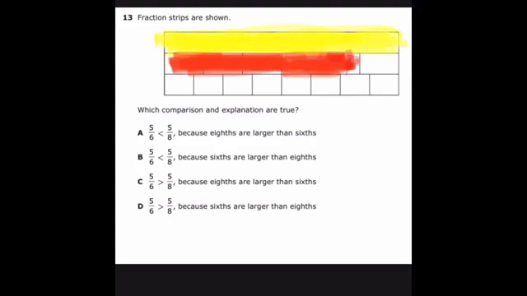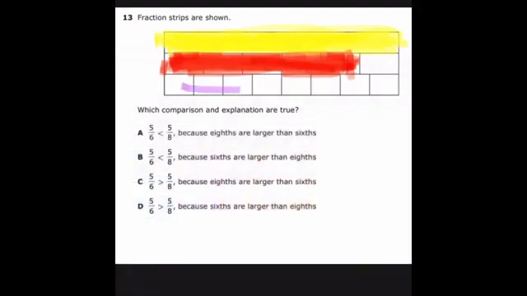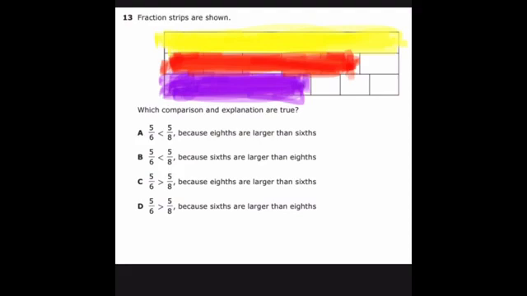It doesn't have to be all that pretty. That's why I tell my kids we're not coloring. It's not a contest, as long as I can see how long it is. And then the next one is 5/8, so I'm going to shade in 5/8 and use a different color. Now I can see the length of each bar and I can compare.